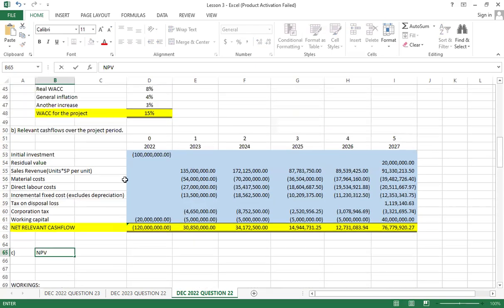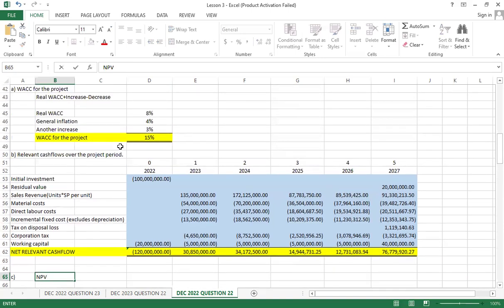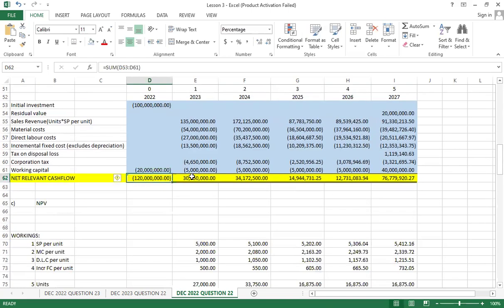Now, remember the cost of capital or the discount rate to use for the project is the one we computed in part A. In part A, we computed a cost of capital for the project to be 15%. So can you use that 15%? Then with these cash flows, how much is NPV?